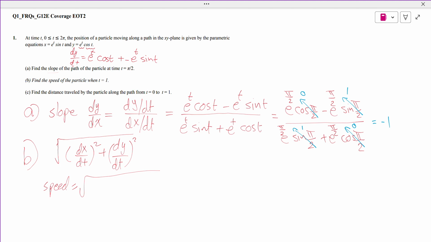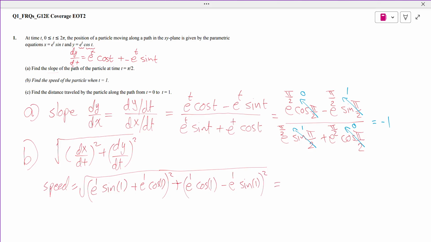So this is e to the power of 1 sine of 1 plus e to the power of 1 cos of 1, all squared, plus what I have written is dx over dt at t equals 1, and then e to the power of 1 cos of 1 minus e to the power of 1 sine of 1, all squared.